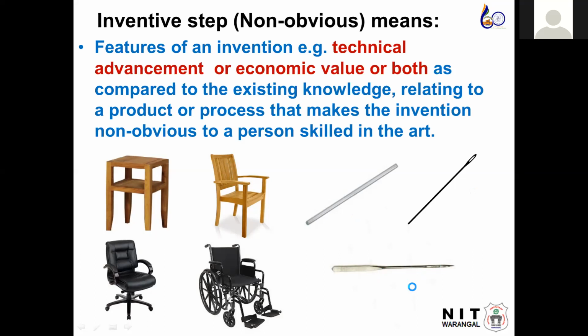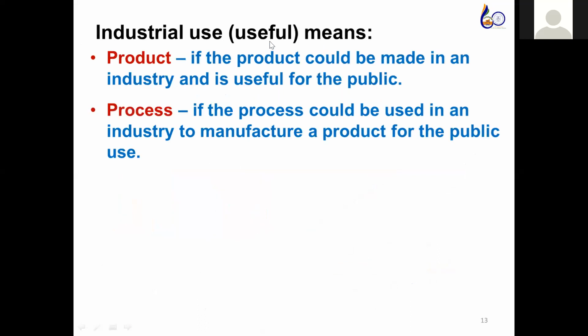So this is just to generate some thinking process in your brain. Anything can be patentable. The only thing is you have to add an inventive step in that. So always I am telling that both product and process should have a novel, inventive step.